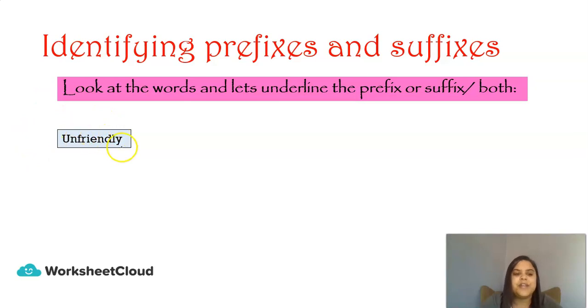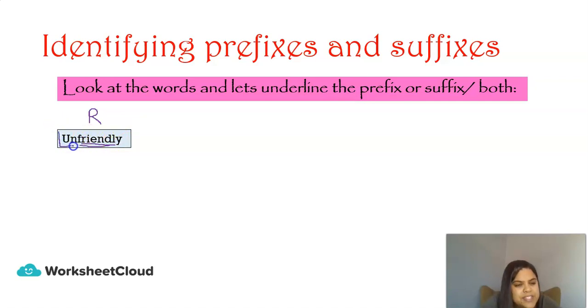So unfriendly. In the middle over here, I can see the core of my word, which is my root word, and I'm going to label it as R, which is friend. Then at the end over here, I can see that a suffix has been added, and in the beginning, a prefix added.